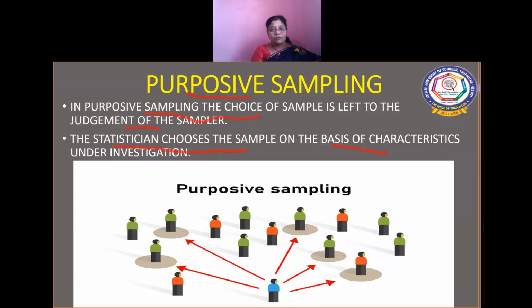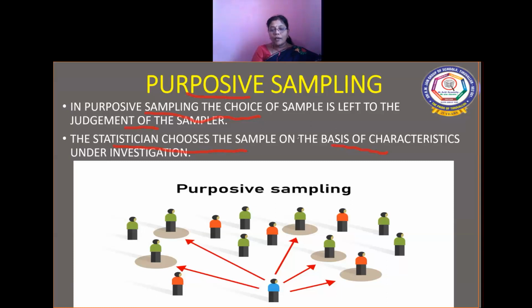Suppose we assign an investigator to study the fee structure of several schools. There are hundreds of schools. Instead of choosing the sample on a random basis, the selection of sample schools is left to the judgment of the investigator.